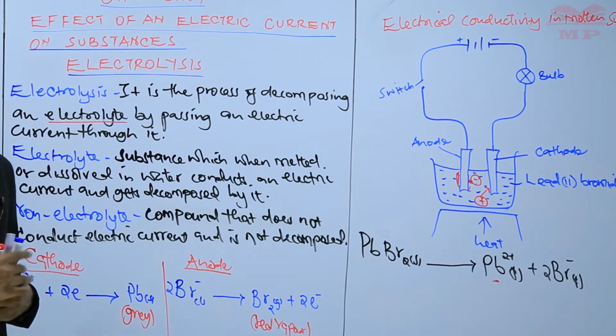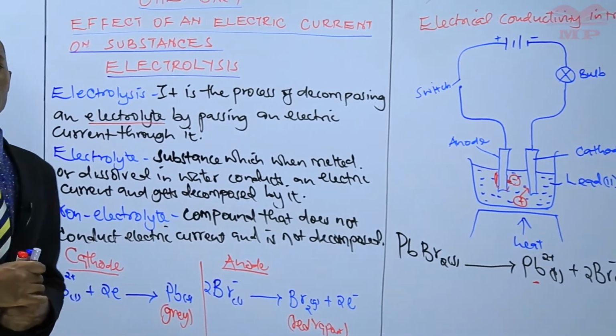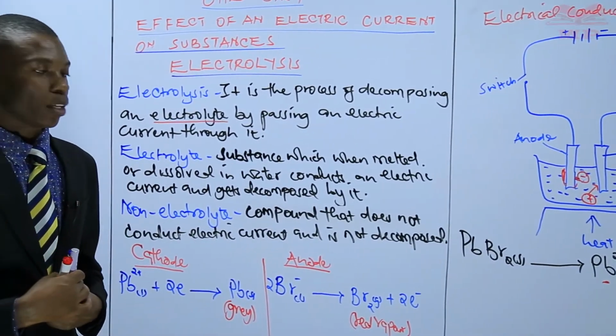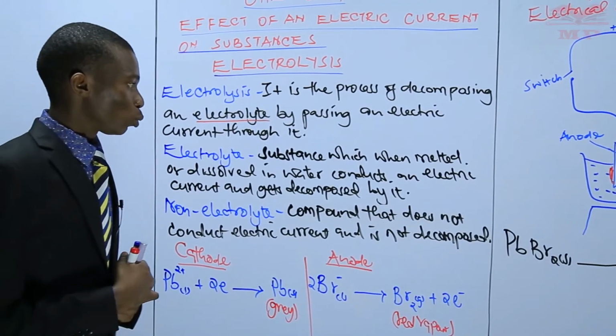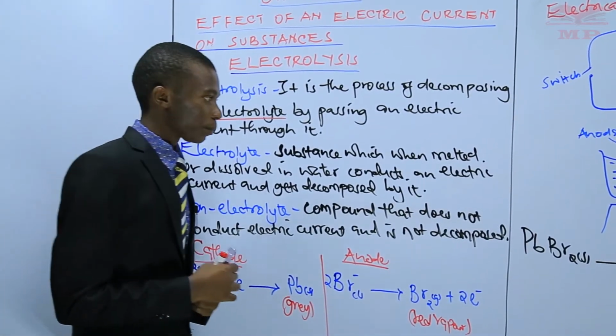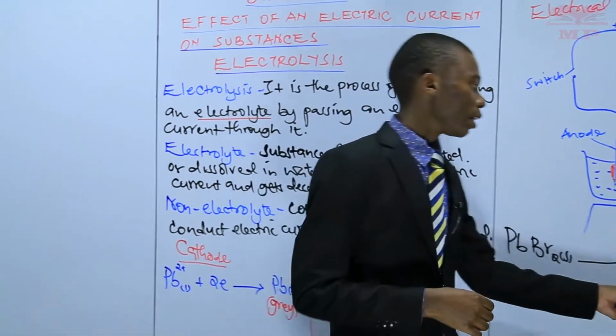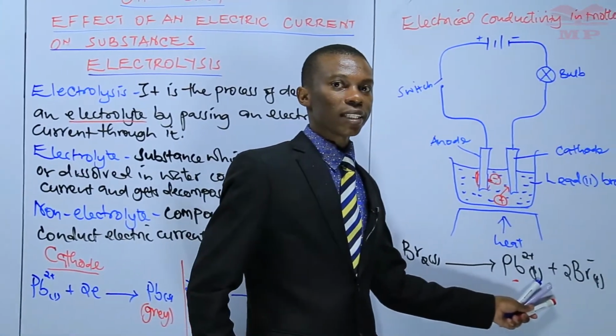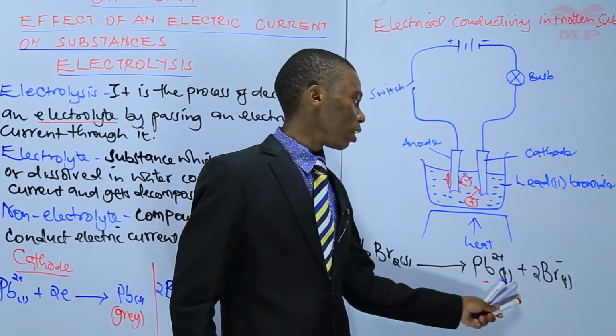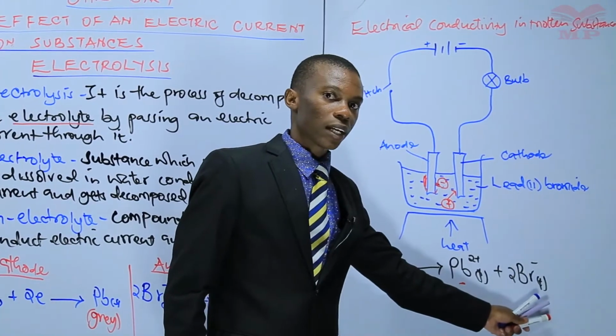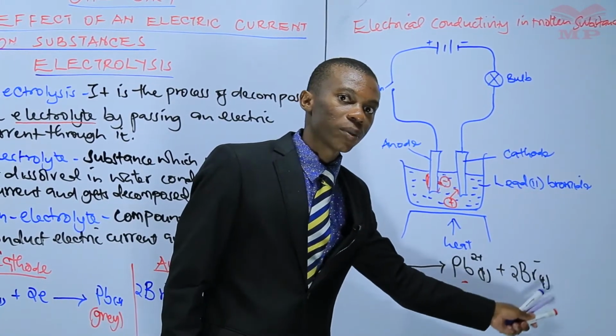Therefore, we're now told to write the equation at the anode and the cathode, and I hope you will be able to write the equation. And again, I want you to note that they are in liquid state. Lead ions are in liquid state, bromide ions are also in liquid state.